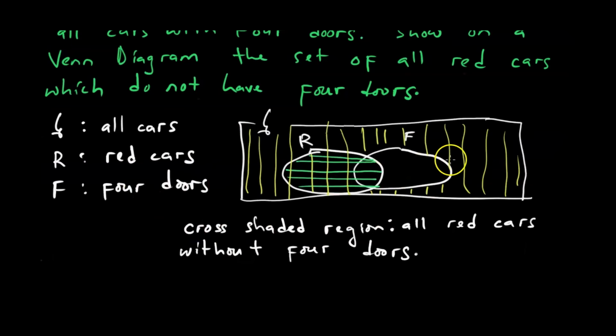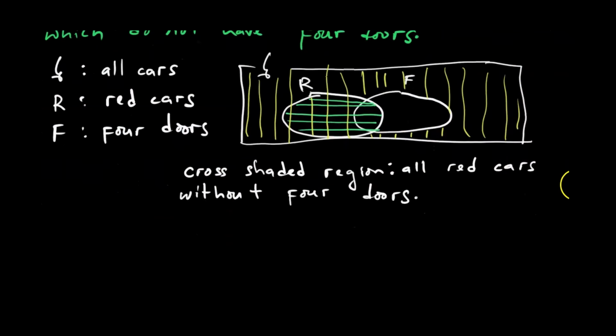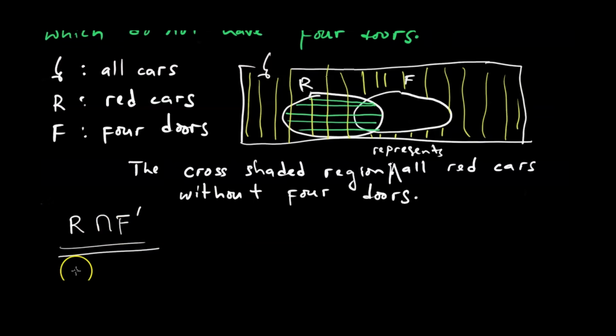And how do we present our answer? You just say the cross shaded region, and then you say it represents all red cars without 4 doors. I hope it is understandable and not confusing. In notation, what we are getting here is actually R intersecting F complement. That is the question. R intersecting F complement.